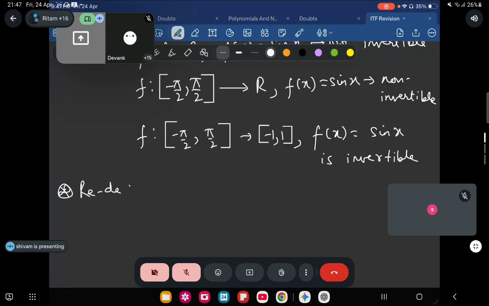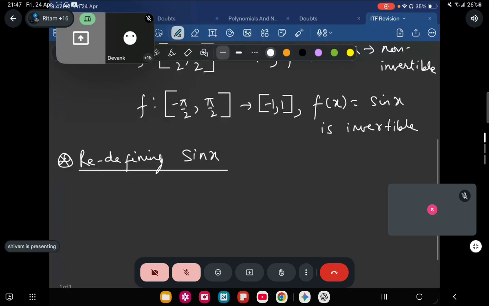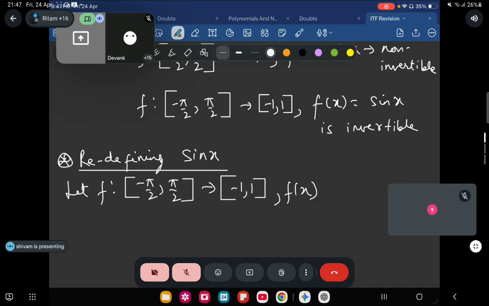Redefining sin x. So let f maps minus pi by 2 to pi by 2 to minus 1 to 1. f of x equal to sin x is one-one and onto.